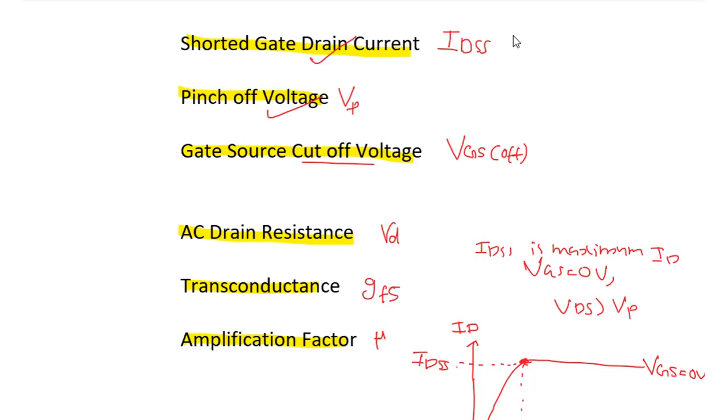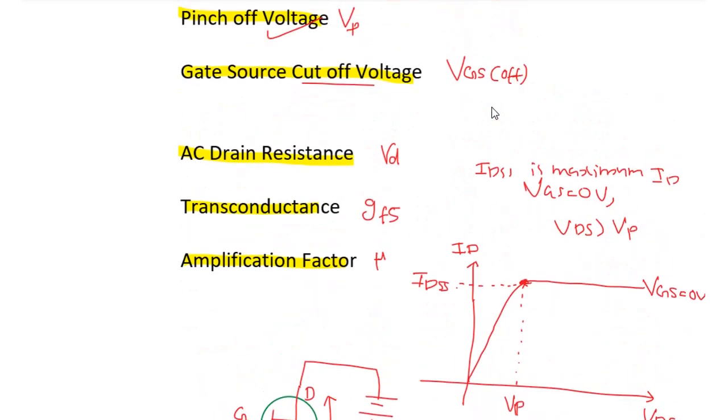IDSS is the drain current with source short circuited to the gate, that is VGS is 0, and drain voltage VDS greater than pinch off voltage. Okay. Now let us discuss about the gate source cutoff voltage VGS off.